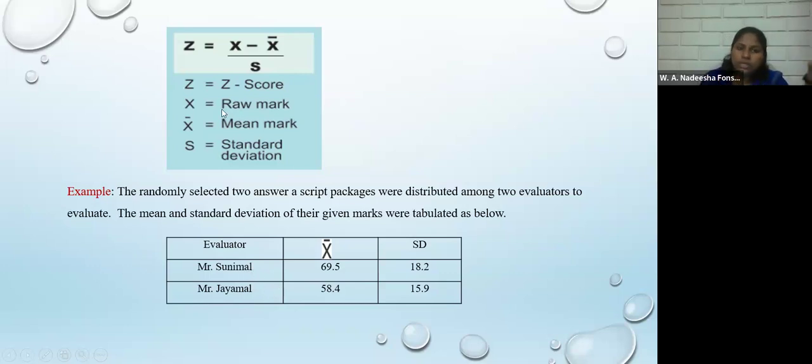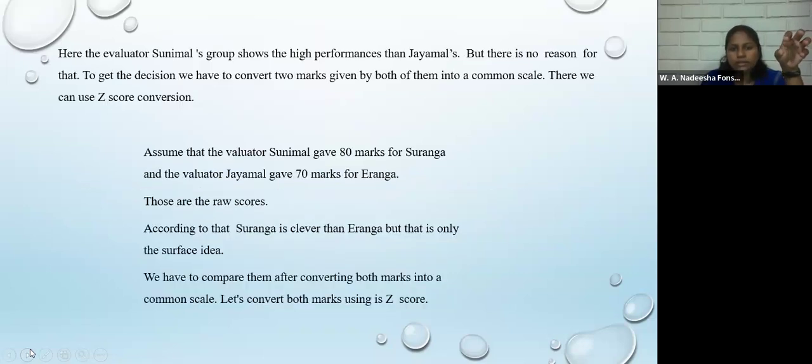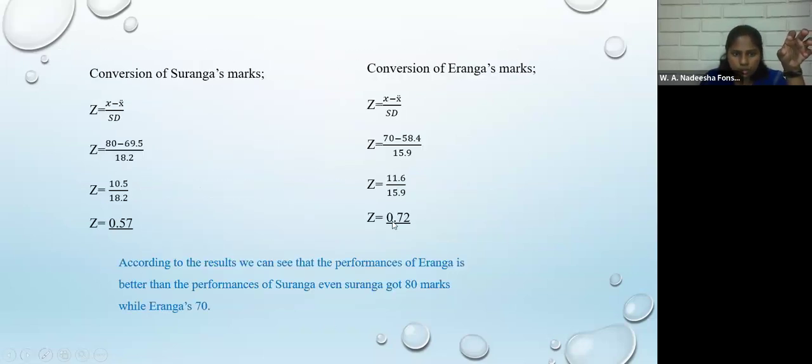But when we calculate the Z value using the mean value and standard deviation, you saw that the Z value for Sunimal's student is 0.57 and for Jaimal's 0.72. By looking at that, we can see that this student is cleverer than that student.